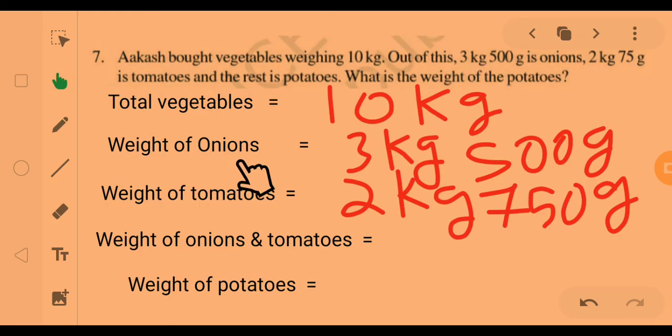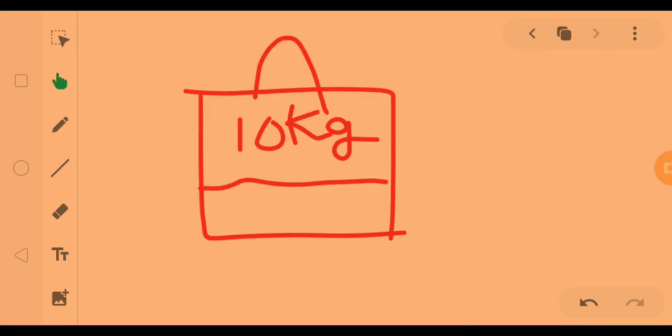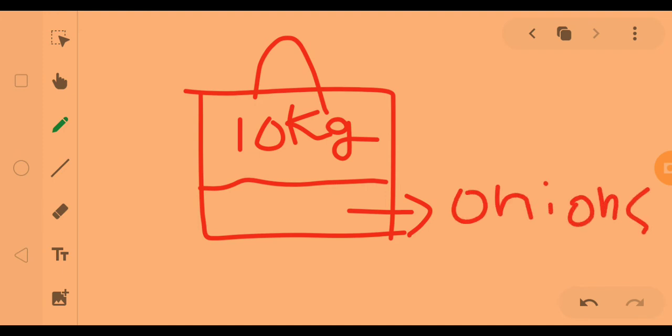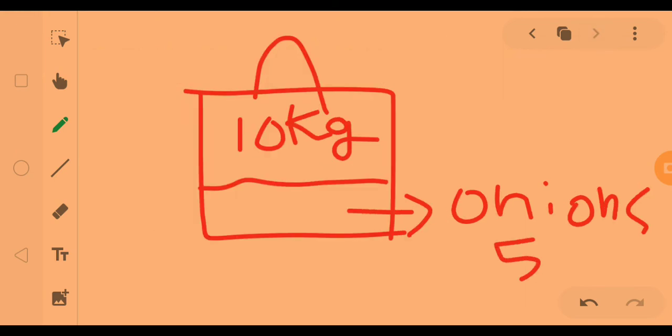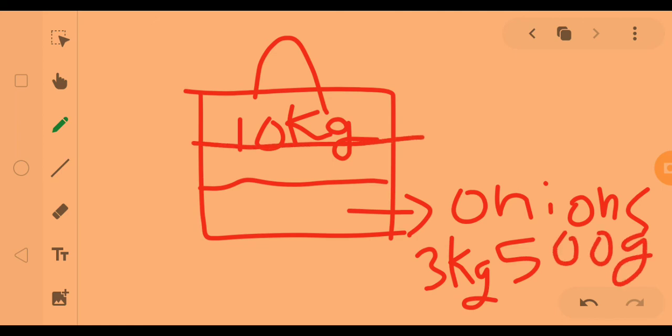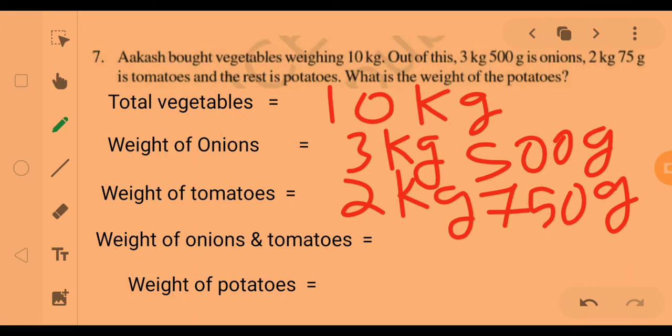Let this portion be onions. What is the weight of onions? How much did he buy? 3 kilogram 500 gram.